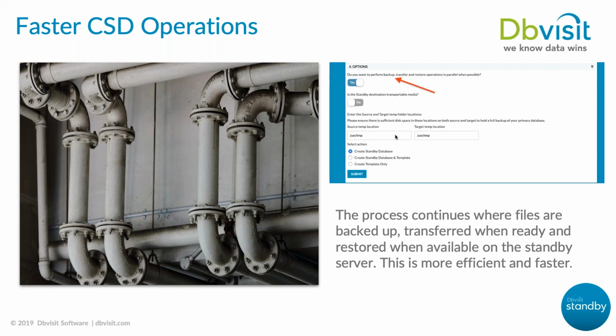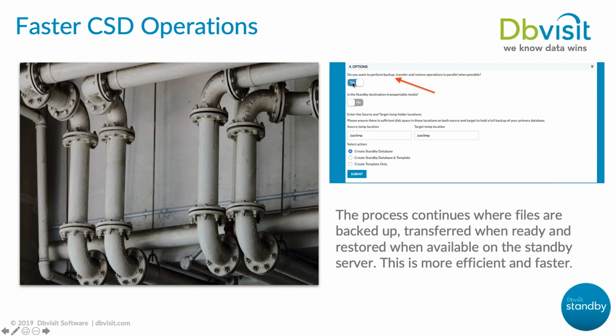It's not that. So what it does is it does have a better, faster runtime than before. You can, however, make use of the old default or the old method by clicking no, and what will happen here is the backup will finish.